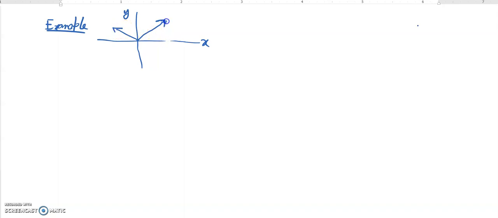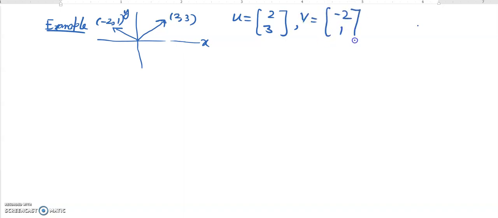Suppose these coordinates are 2 3 and this coordinate is minus 2 1. So in this case we have two vectors, u represented by 2 3 and v represented by minus 2 1.